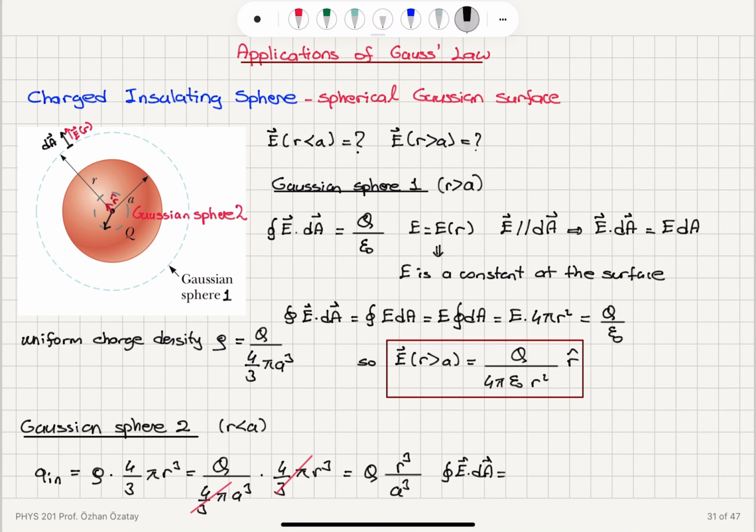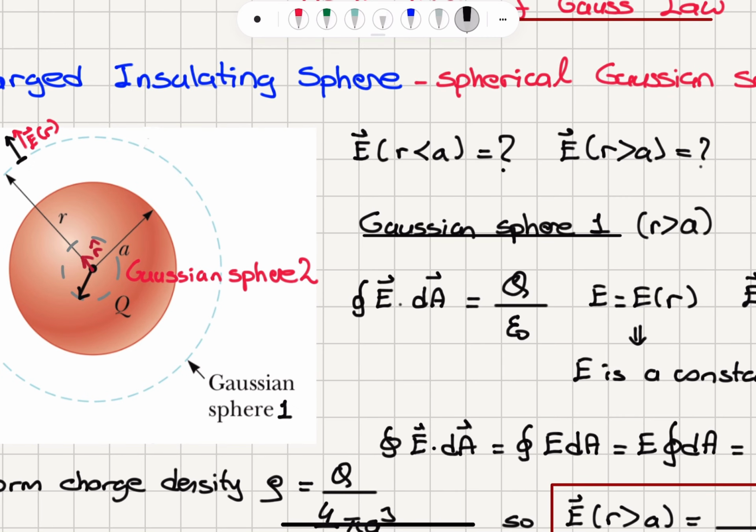The dA vector is pointing radially outward, and the electric field is also pointing radially outward, so the electric field is parallel to the dA vector.